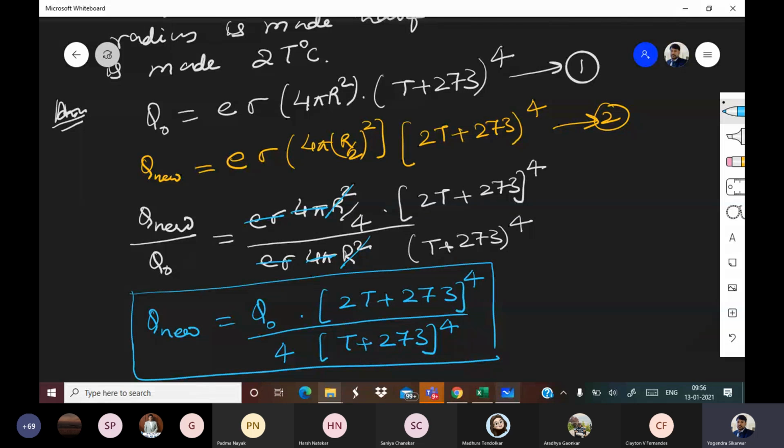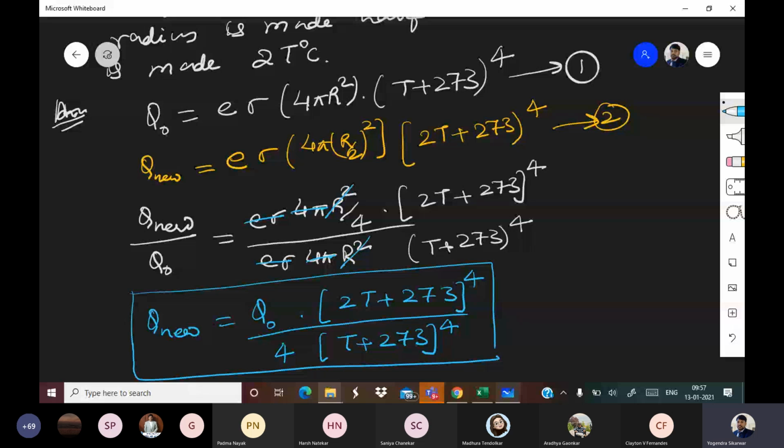Let me tell you everyone, the answer will be more for the rough one. Why? Because the rough surface will have more surface area. When you polish it, you are removing the wear and tear, and in that process, the surface area is reducing.